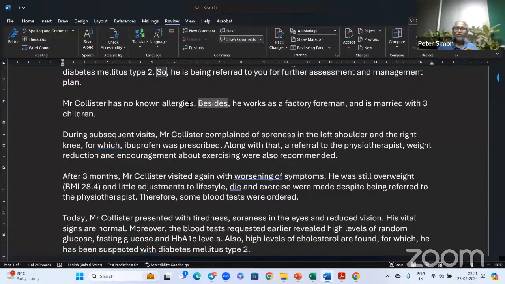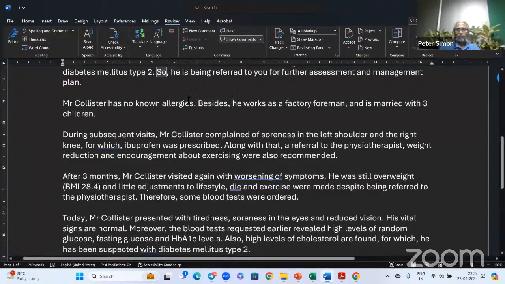If there are no allergies, why should you mention? Logic. As a doctor, if allergies are there, you have to mention if it is relevant. But he has no known allergies, so why mention that? Sentence-wise, it is right, but relevance-wise, think about it.